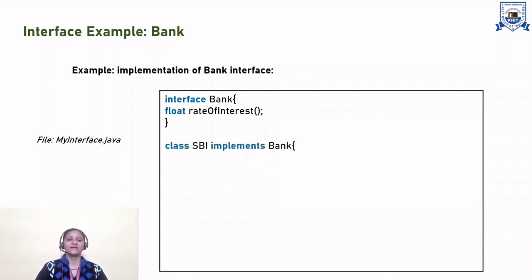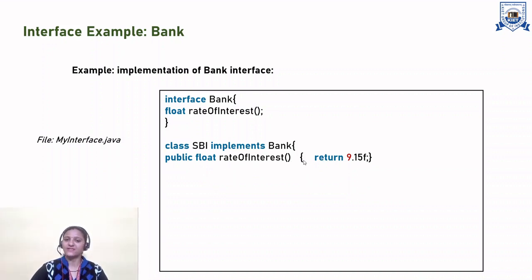So we made a class SBI that will implement this bank interface. It took the rate of interest method from here, and inside this method it defined and worked in such a manner that it returned 9.15. So whenever it is called, it will return 9.15.